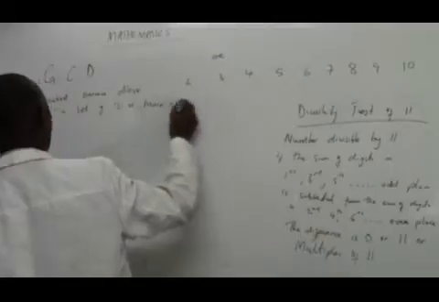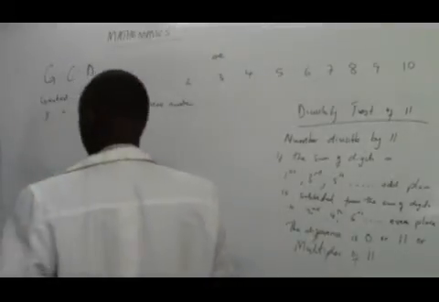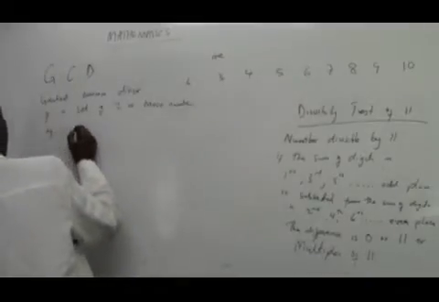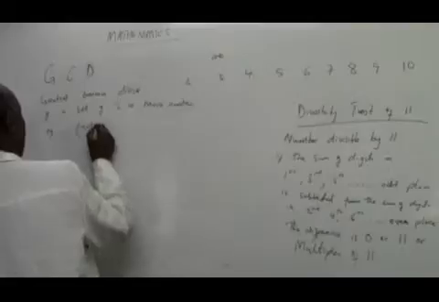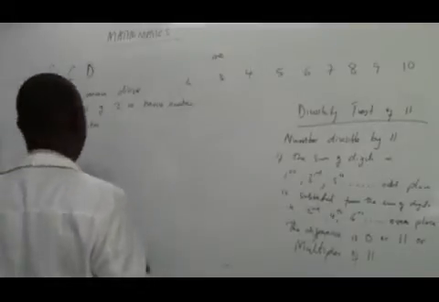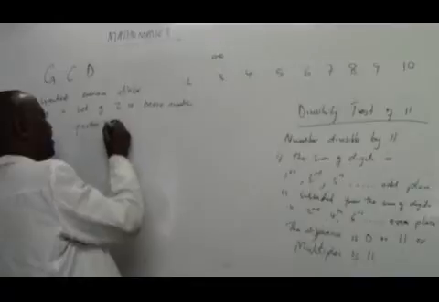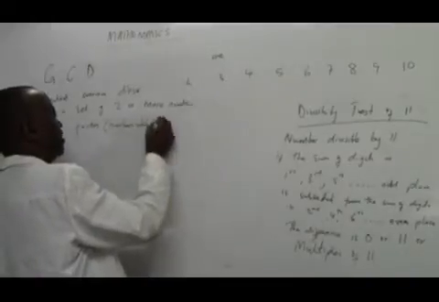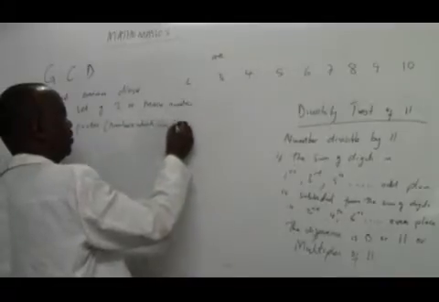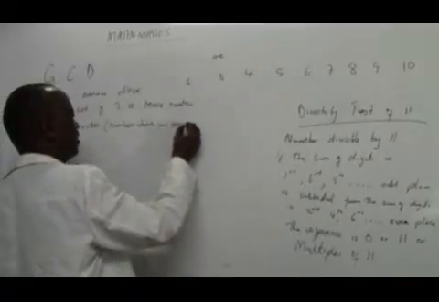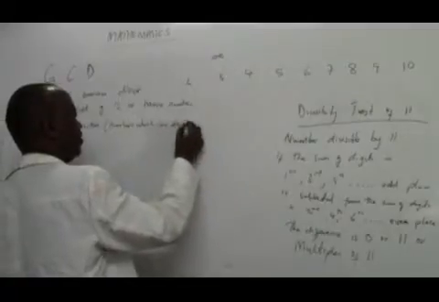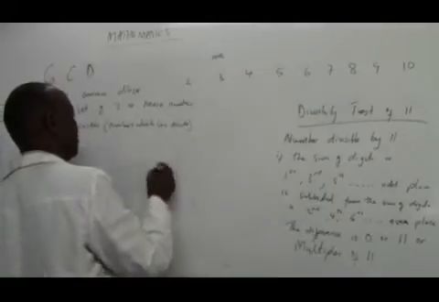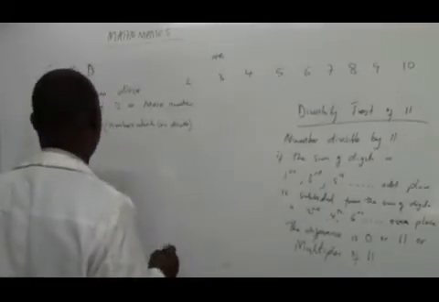So if we have a set of two or more numbers, for instance 12 and 16, the factors of 12, that means numbers which can divide 12, we can also call them divisors. Factors are also divisors.